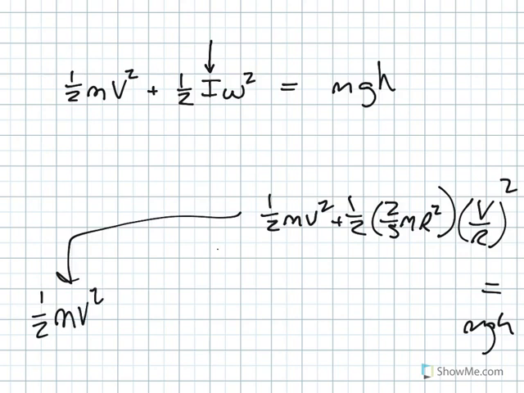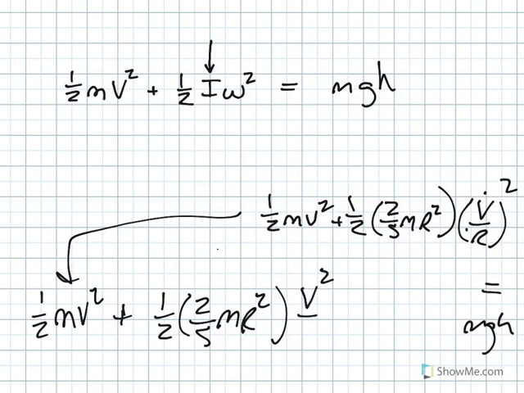I'm just going to rewrite the whole thing again. Plus 1/2 times 2/5 mr squared times, well, v over r quantity squared is v squared over r squared, and that is equal to mgh.